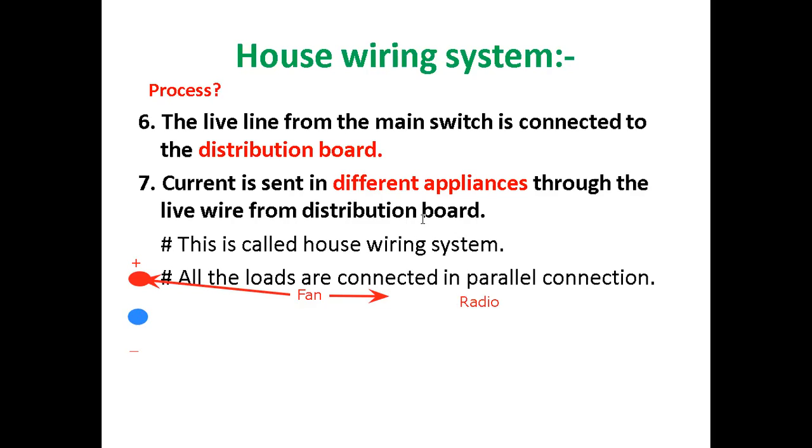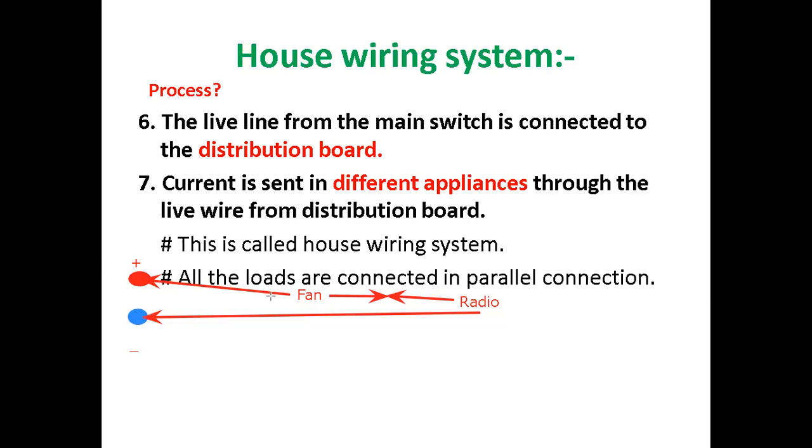From the radio also there is one wire. One wire of the radio is connected with one wire of the fan, and from the radio, this is the last. Then it is connected to the neutral point. This is called series.